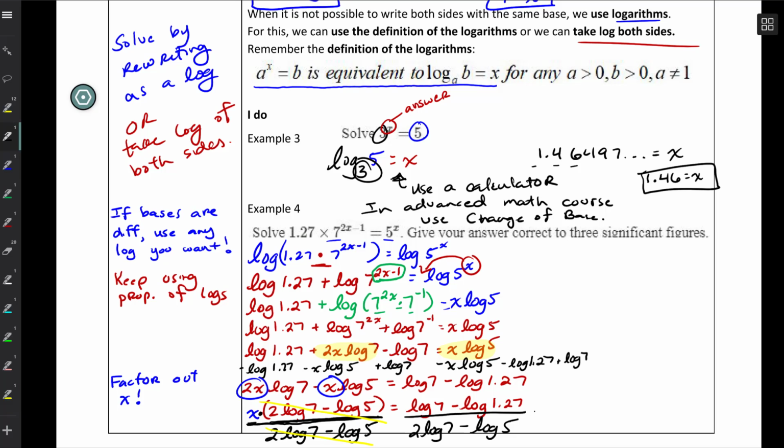Now, what you want to see is what do we have left on the left-hand side? Just x. We've solved for it. Now what's on the right-hand side looks really gross, but this is something you could punch into a calculator and you would be completely simplified at that point. It looks super gross, but we have now solved for x.